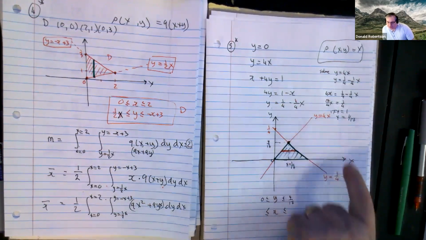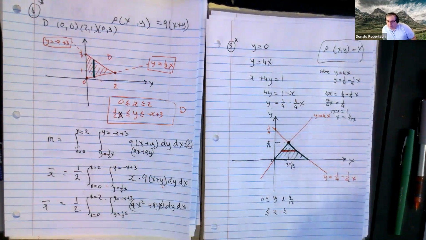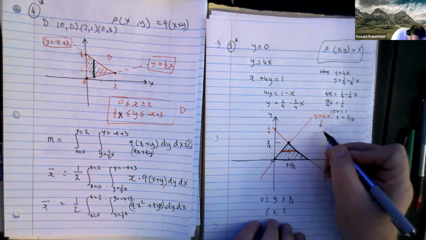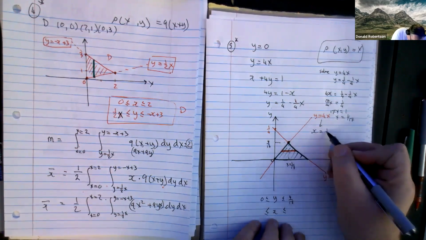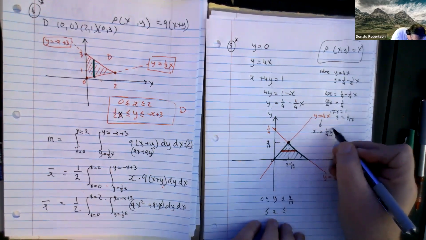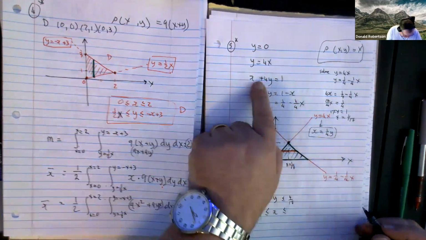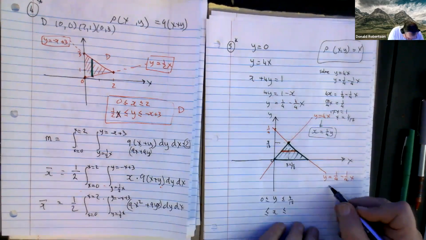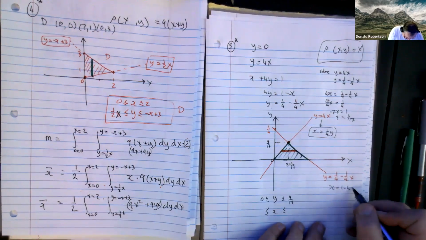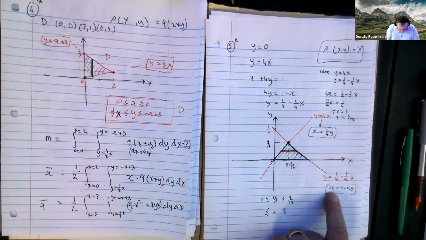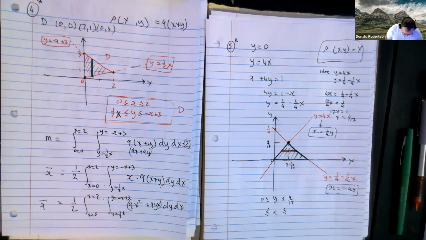I need these equations of these lines to be rewritten as x equals a function of y. So this guy, if you divide both sides by 4, you get x is a quarter y. And this guy, if you probably start here is easier, you can get x is 1 minus 4y. Right, that one rearranged in the format x equals.